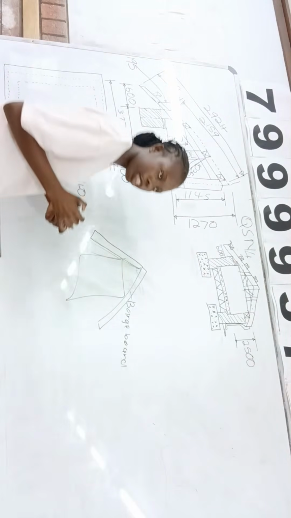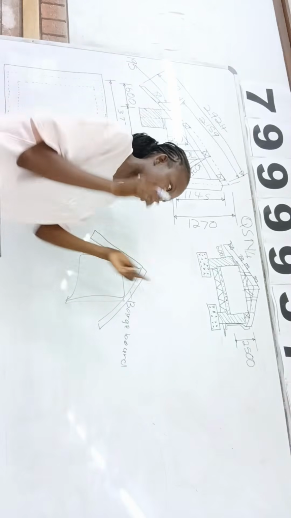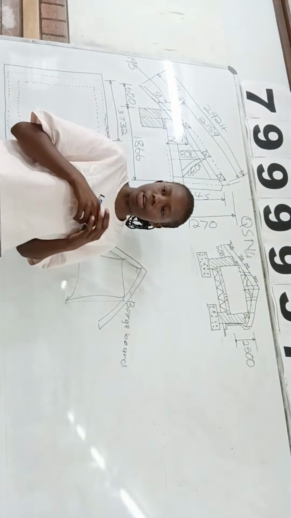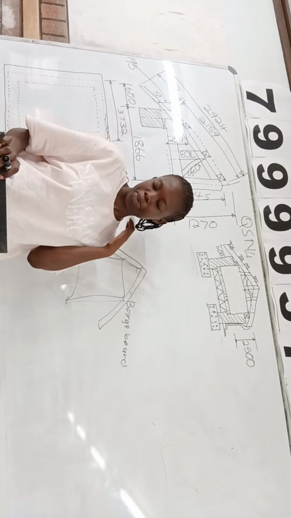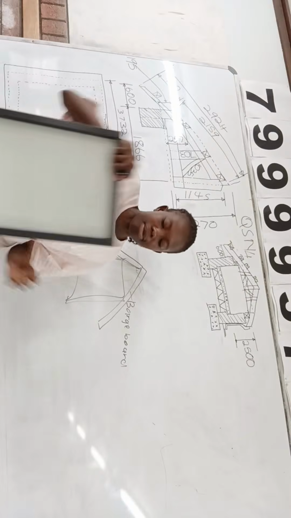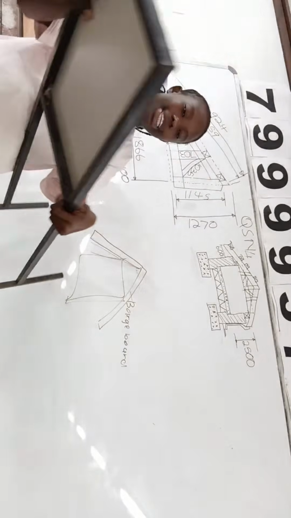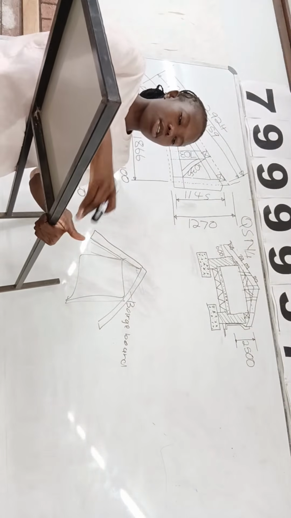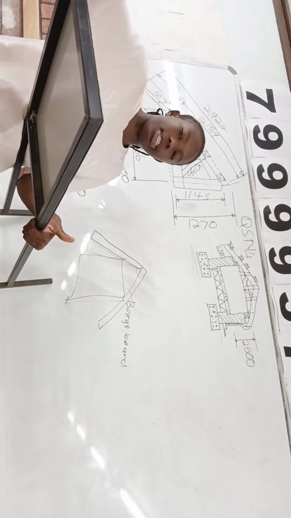And then we have a fascia board. A fascia board is the one on the straight part. This is how our house looks, and this part is a gable, a triangle.